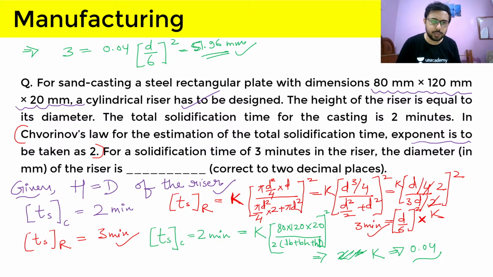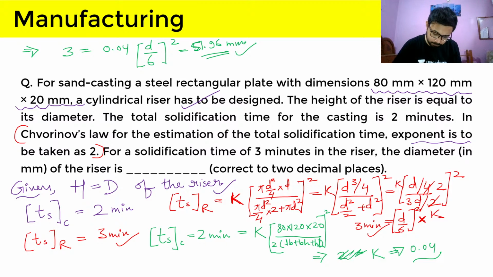We will just see one more time if we can find a value which is between the range, or is this the correct answer. So what we will be doing is we will be taking K more exactly. For that we will be converting the minutes into seconds. 2.408 is the value if we are taking the time in seconds and calculating the solidification factor K according to that.